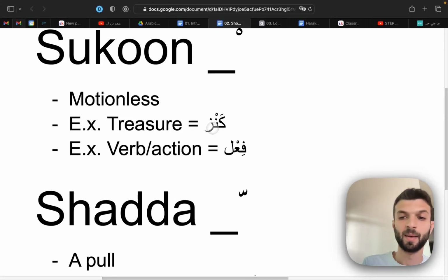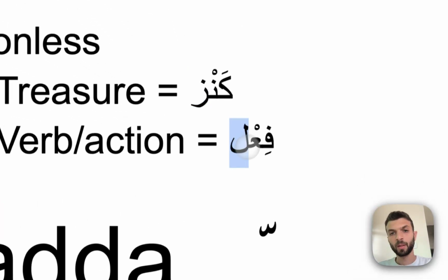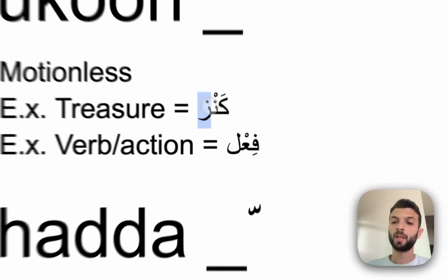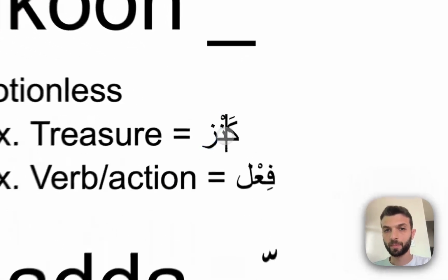Now the last letter, because these are nouns, they do not have harakat, because depending on where they are in the sentence, they'll have different harakat, and you'll learn about this in the basic sentence structure section. But at this point, do not worry about the last letter.